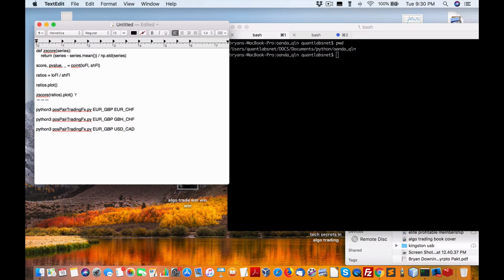Next thing you want to do is plot the z-score of the ratio. So what is the z-score? You pass the ratio array into a function, subtract the mean of it, and then divide by the standard deviation. And then you can plot that.